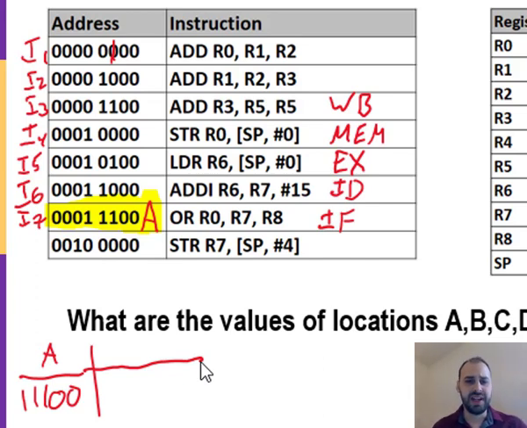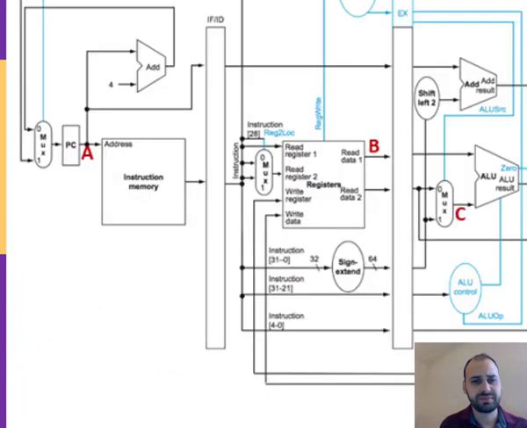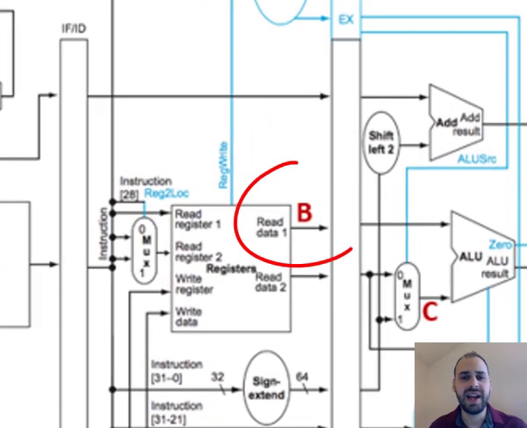At the decode stage, we have instruction 6. So let's look at location B. Location B is the value that is read from read register 1.